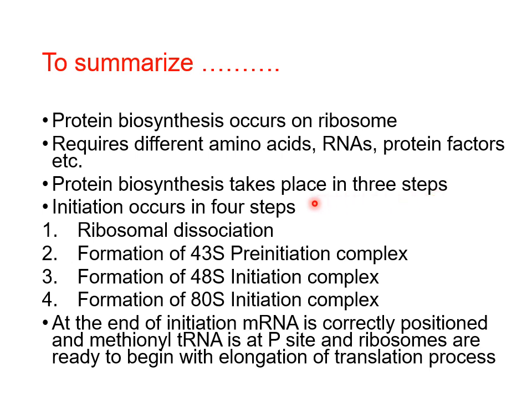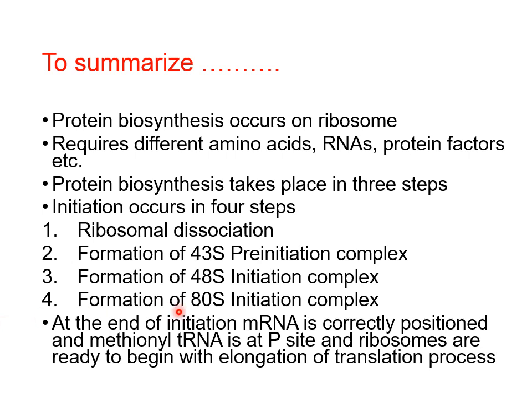Before initiation, the amino acids are activated by getting attached to the tRNA molecules. Initiation occurs in 4 steps, that is the ribosomal dissociation, formation of the 43S pre-initiation complex, formation of the 48S initiation complex, and formation of the 80S initiation complex.